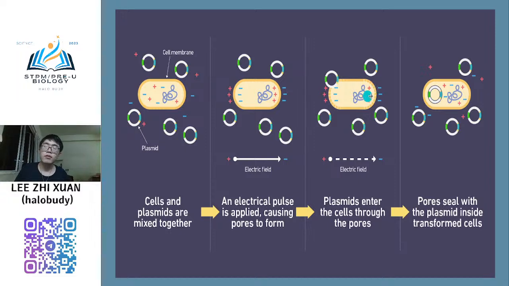After that, it will cause the plasma membrane and cell wall to be permeabilized. Then the recombinant plasmid will directly be transformed into the host cell, E. coli. So electrical shock is easier compared to chemical, but electrical shock is more expensive compared to the chemical way.